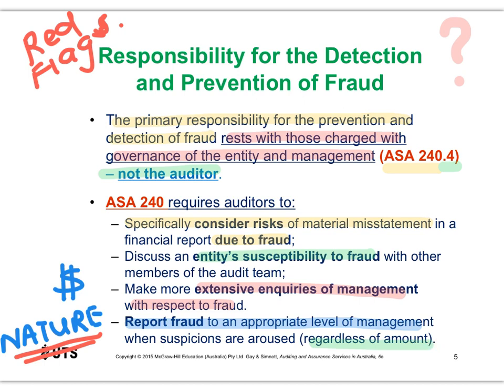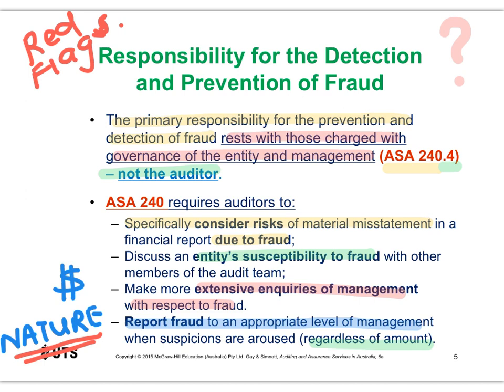So if we find fraud, we need to report it to the right people, regardless of how much it related to. So to remind you once more of our responsibility as the auditor, it is not our responsibility to go looking for fraud, but we must be alert for red flags and we must investigate them accordingly. Remember, the auditor is a watchdog, not a bloodhound.